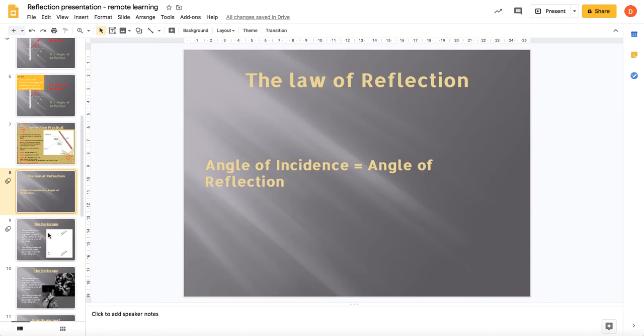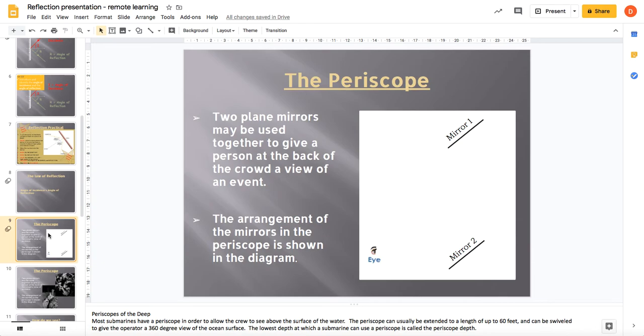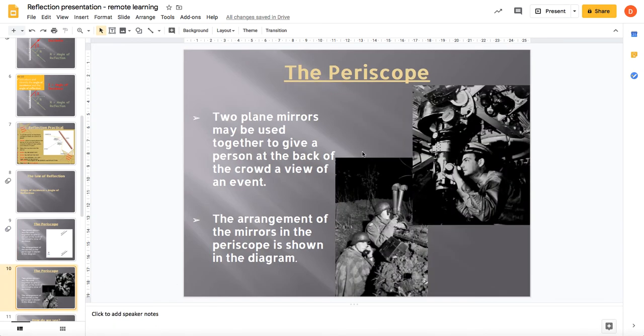Uses of that then. Well, here's a great use of reflection. Light might come in here, strikes the top mirror, gets reflected down, strikes the bottom mirror, gets reflected and into the eye. So I can put my periscope up against a wall, so only this bit is over the top, and I can see what's going on over the wall.